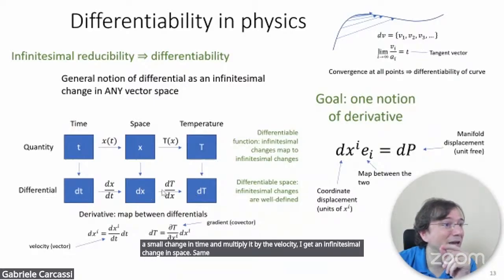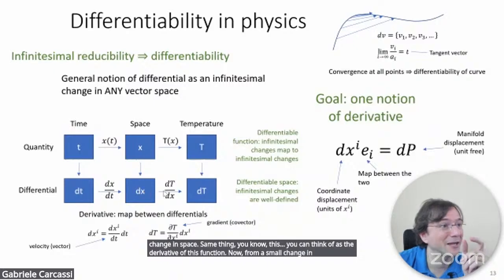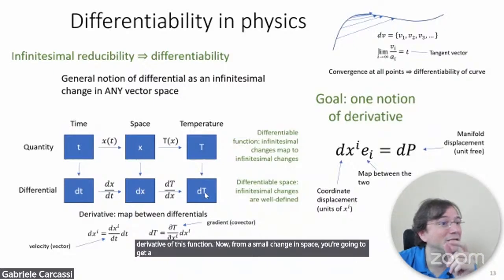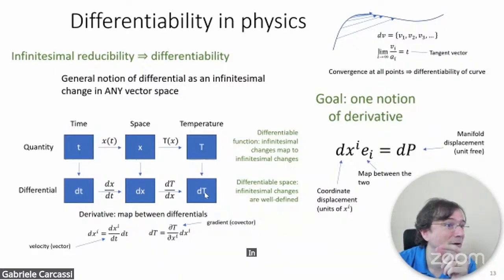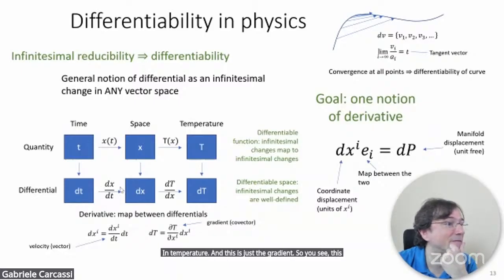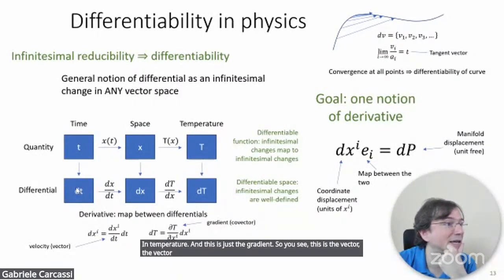You can think of this as the derivative of this function. Now, from a small change in space, you're going to get a small change in temperature. And this is just the gradient. So you see, this is the vector. The vector is something that is linking this differential to this differential.